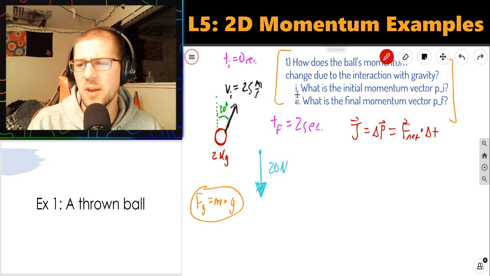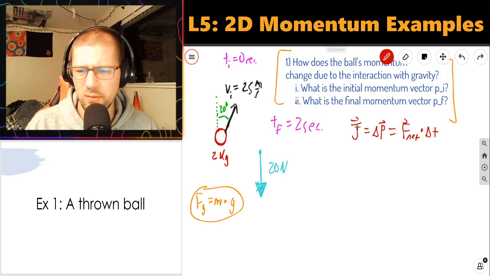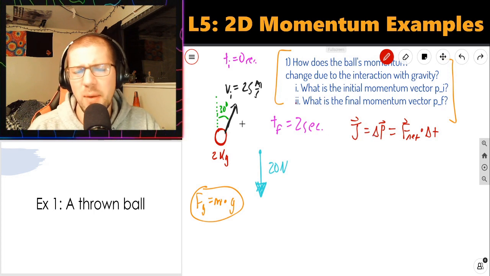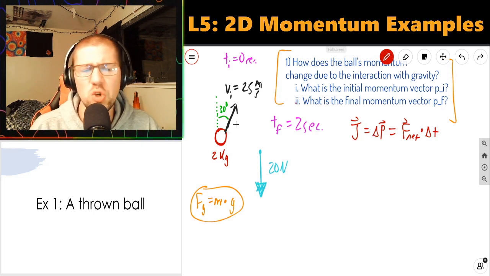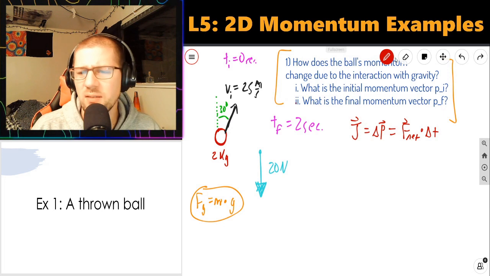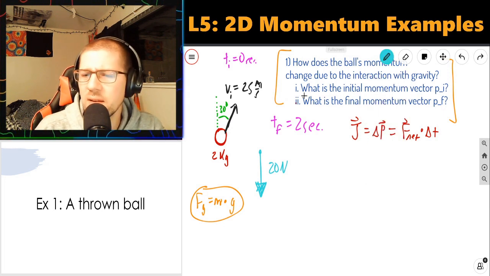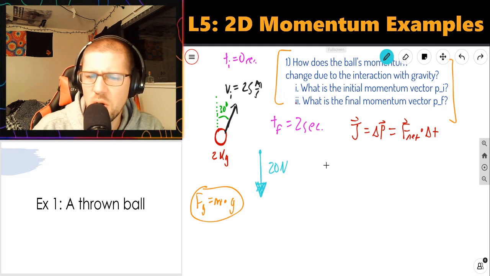Okay, so let's look at part one. In order to find the change in momentum, I'm going to need to find the initial and final momenta. In 2D, the way I think about vectors is that I need my two components, the x component and the y component. So let's find the x component.